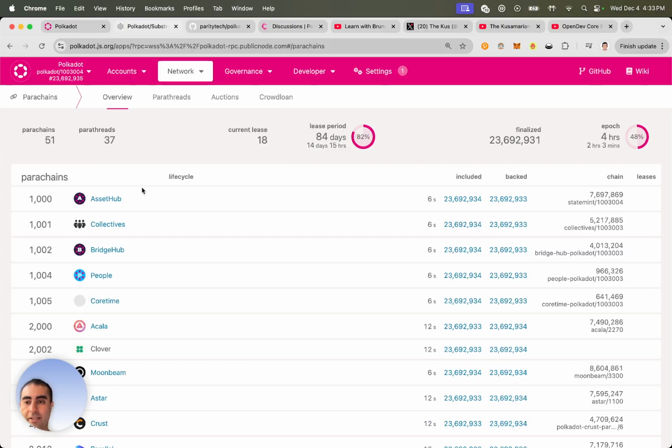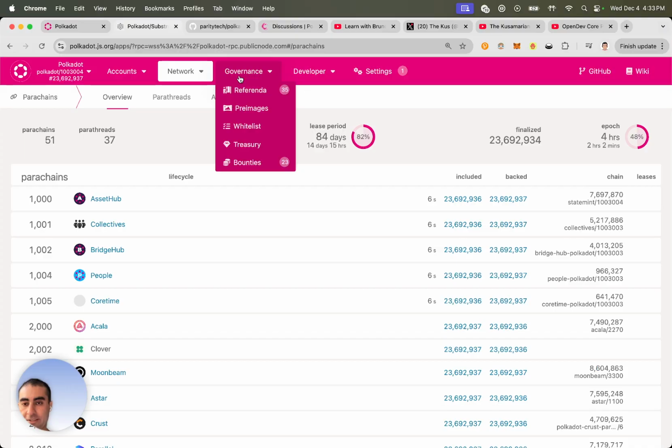What we're looking at, you have parachains. Parachains have services that you can utilize to build on Polkadot, right? The other thing that I want to point out when I think about what is Polkadot is governance. I would say it's probably one of the biggest wins for Polkadot.